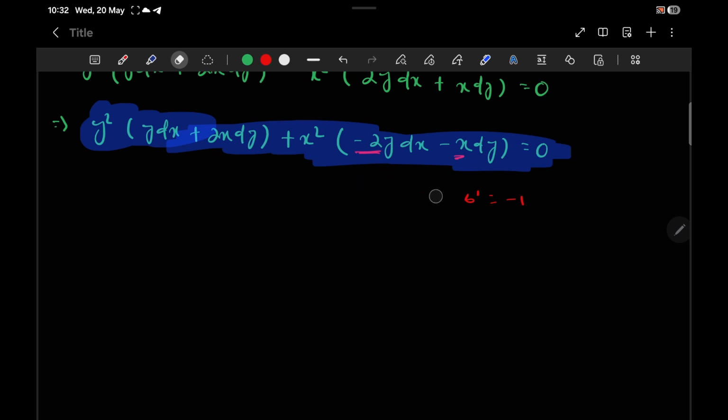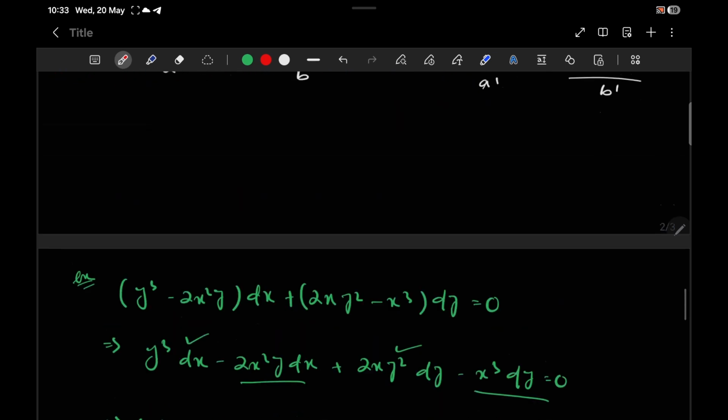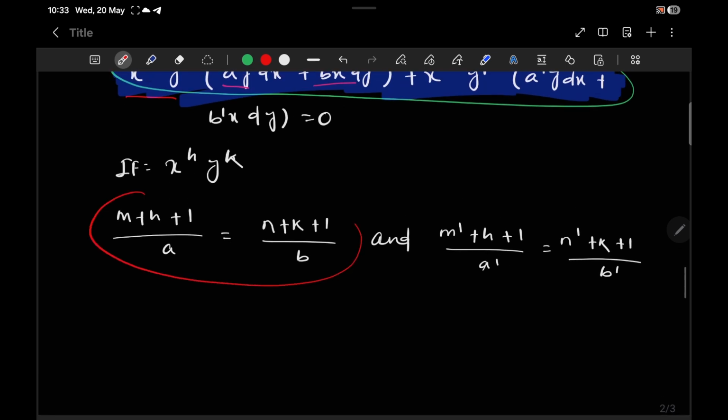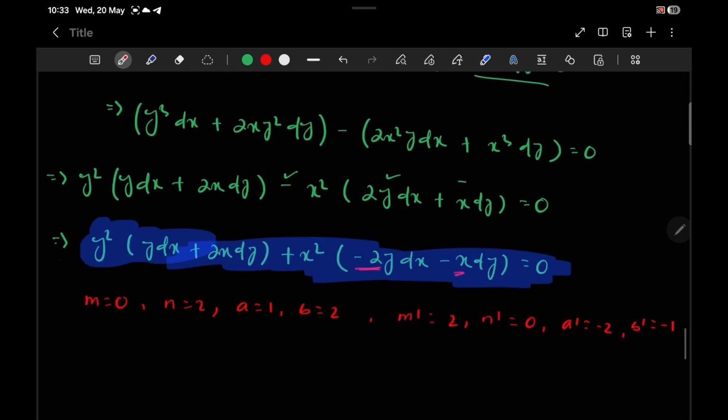Now how can we solve this? So let's write it up. m is 0, n is 2, a is 1, b is 2, m dash is 2, n dash is 0, a dash is equal to minus 2 and b dash is minus 1. We will use this condition and this condition to find the values of h and k.